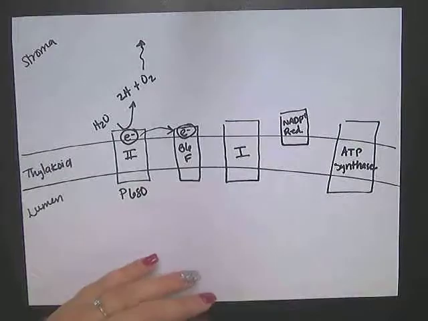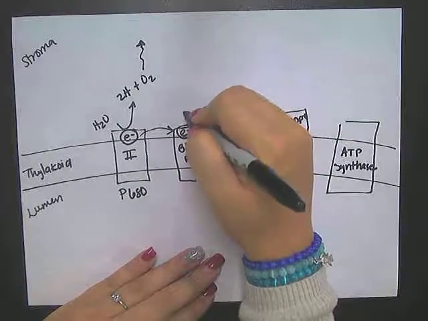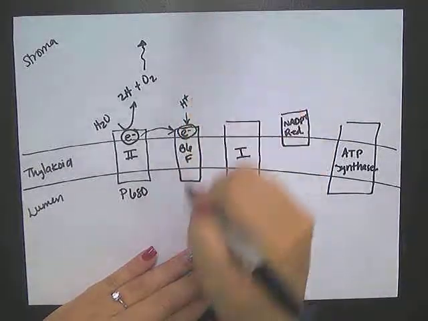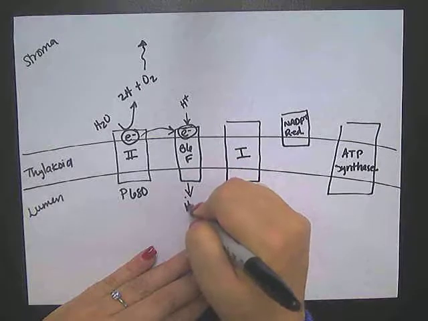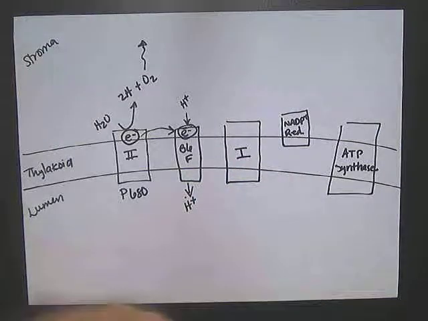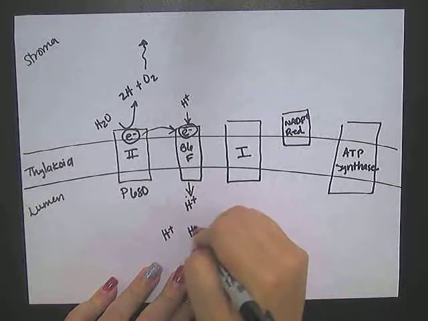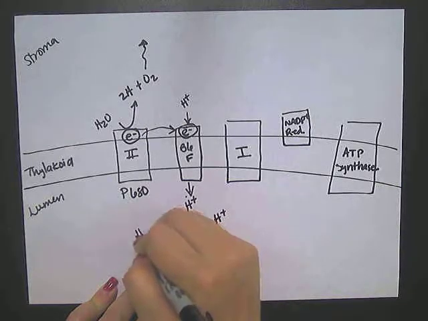Now your B6F is a proton pump, and so it's going to pump hydrogen into the lumen of the chloroplast, creating a hydrogen ion concentration gradient.